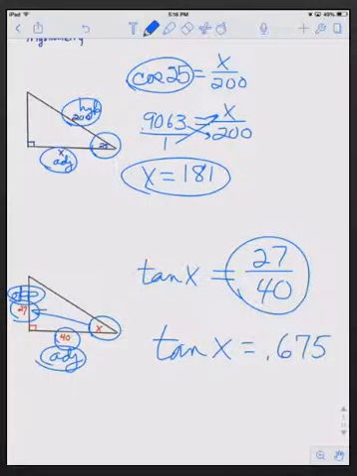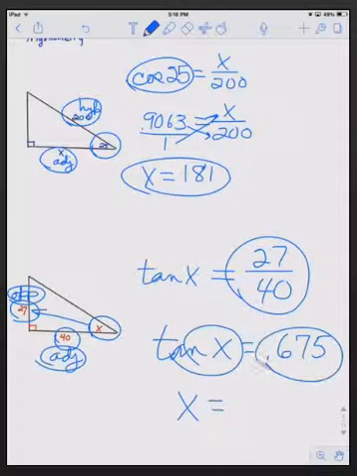0.675. Now to solve for an angle, we have to use the calculator backwards from the previous problem. So that means we go back to the calculator and we put this value in to the inverse tangent. So to find an angle, use inverse tangent.